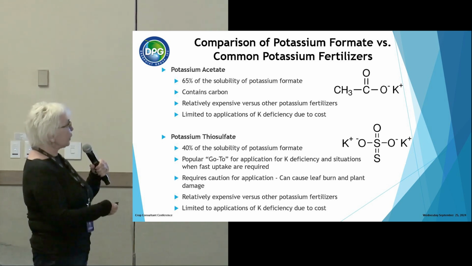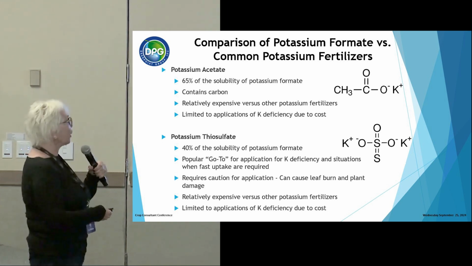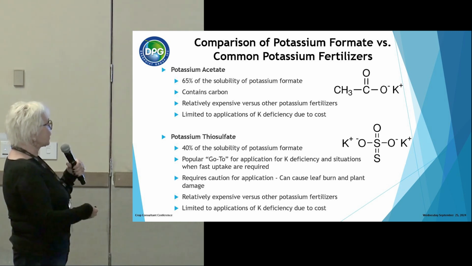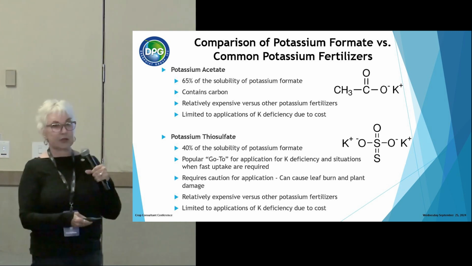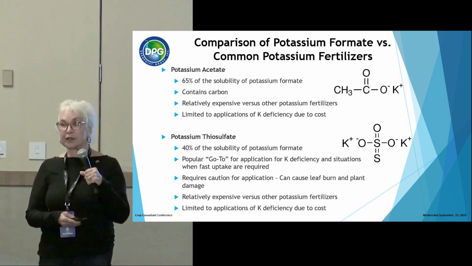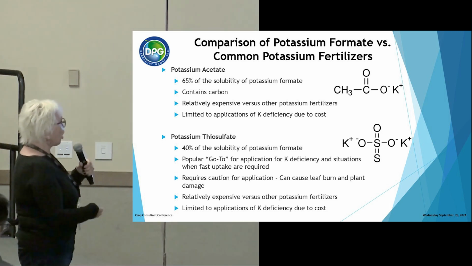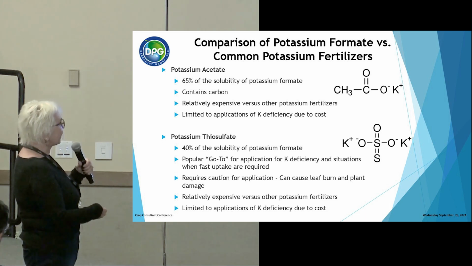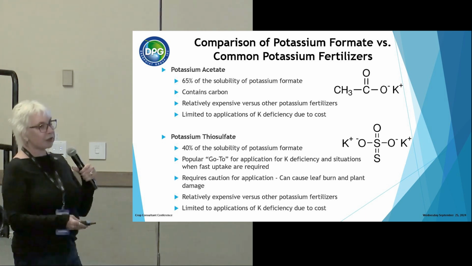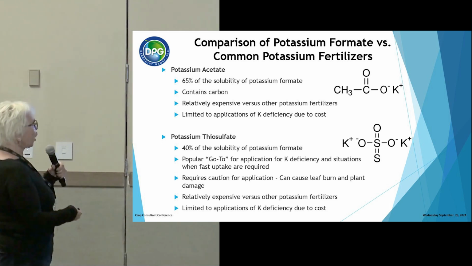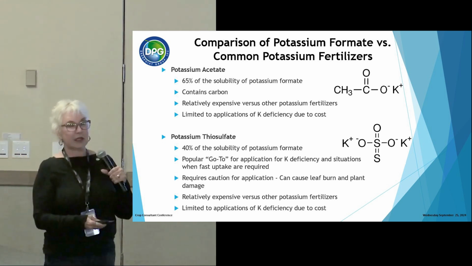It does contain carbon, a little more carbon actually than formate. It's relatively expensive versus other potassium fertilizers, which can be very acceptable because of the contribution of the carbon. And because of this relative expense and solubility, it tends to be currently limited to applications that relate to potassium deficiency.